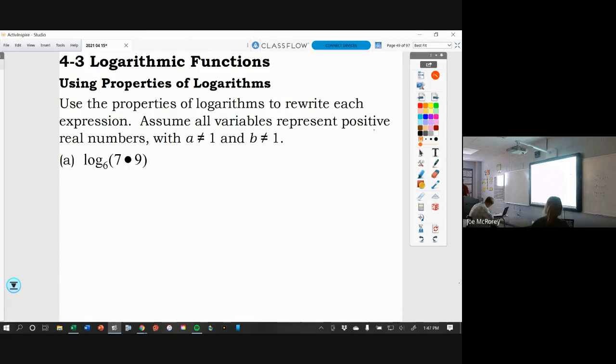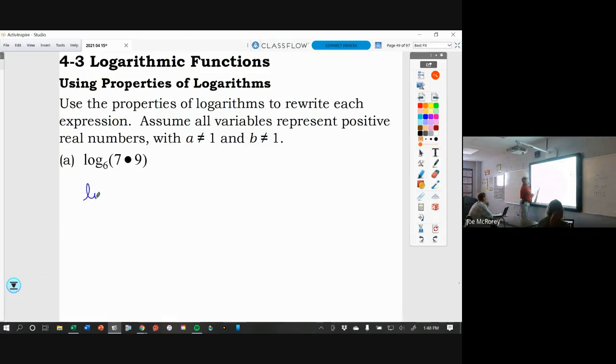I have no idea. Okay, so here we have the log of a product. The directions here tell us to simply rewrite the expression. The log of a product is the sum of the logs, right?